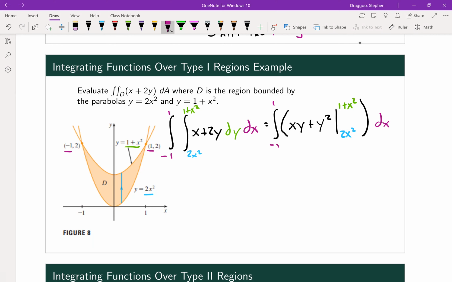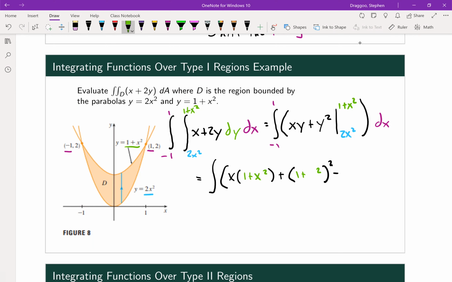So if we evaluate that mess, what will we have? We'll start by plugging 1 plus x squared in for y. So x times (1 plus x squared) plus (1 plus x squared) squared. Ooh, I wrote y squared twice. That was not what we wanted. We were plugging in for y.